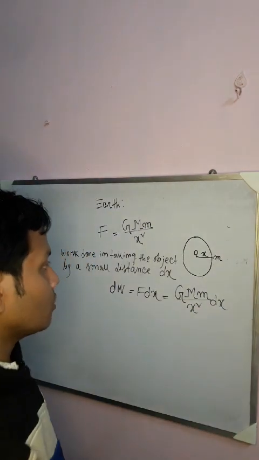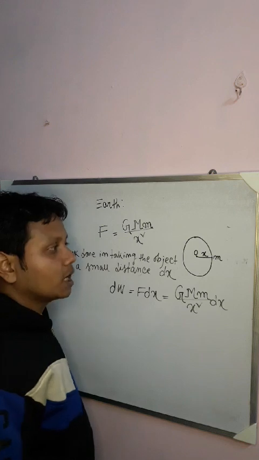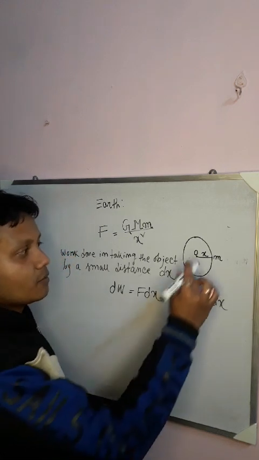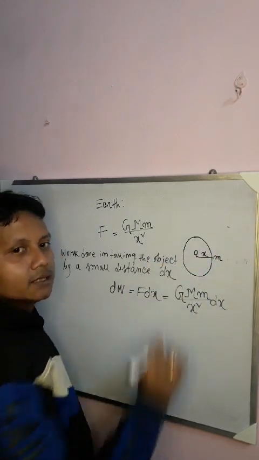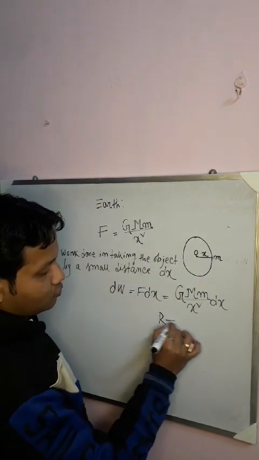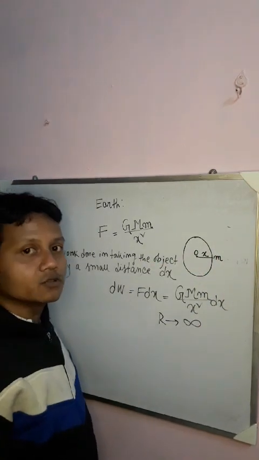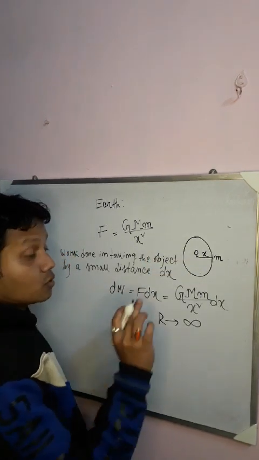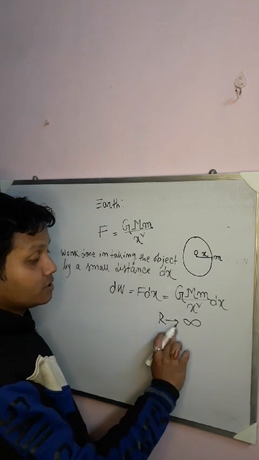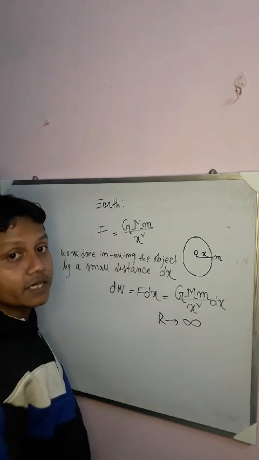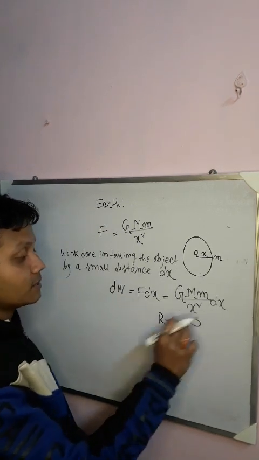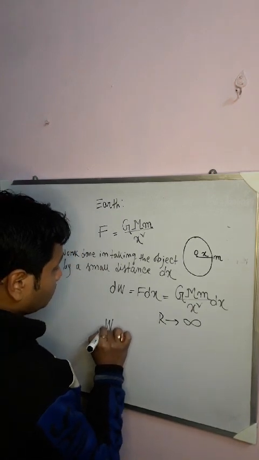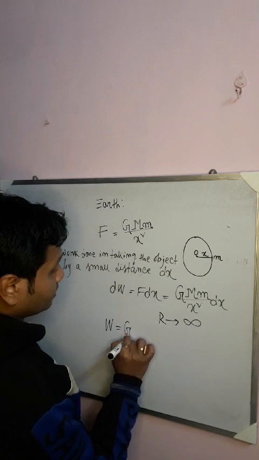Now what would be the amount of work done in projecting the object from Earth's surface to infinity? We have to integrate this expression within these two limits, R to infinity.